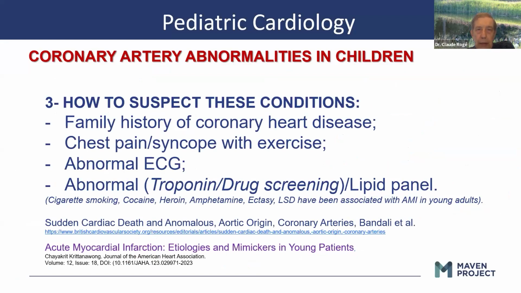So how do you suspect the coronary abnormality? So family history of coronary heart disease, that would be for the atherosclerotic type, which would be rare in children, but more and more common if you take care of young adults. Again, symptoms of chest pain and syncope with exercise, again, that's a red flag. And then in that case, you would get an abnormal EKG.